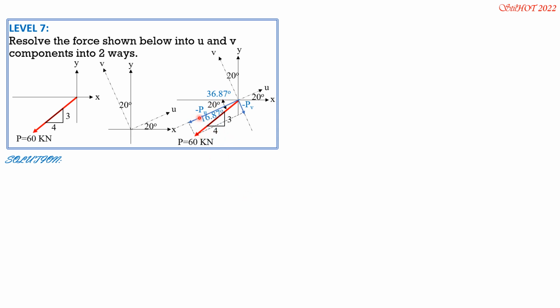So therefore, PU is negative 60 cosine of 16.87. So P sub U is negative 57.42 kilonewtons. While P sub V is also negative, it is opposite, so 60 sine of 16.87. Negative 60 sine of 16.87.